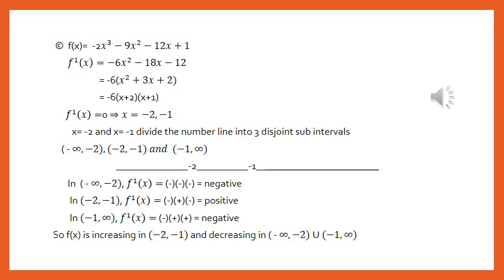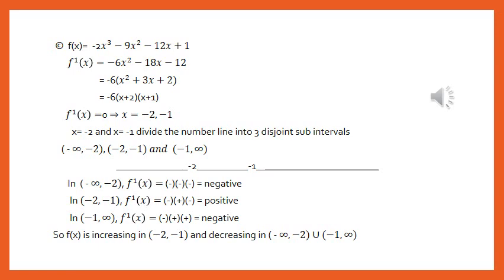Let's plot these two numbers on the number line. Then we see that the number line divides it into three disjoint subintervals, namely minus infinity to minus 2, minus 2 to minus 1, and minus 1 to infinity. Now we want to check the sign of f dash x in each of these subintervals.